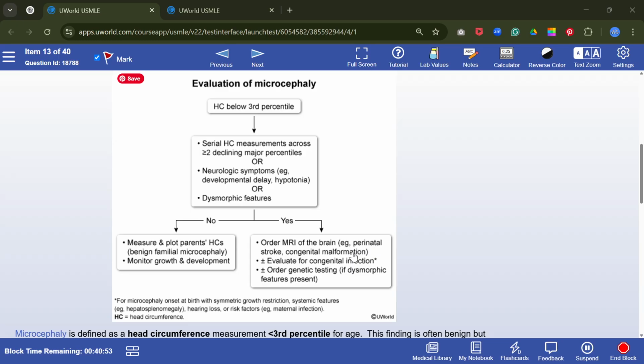To look for perinatal stroke and congenital malformation, with or without evaluation for congenital infection like cytomegalovirus, and with or without genetic testing if dysmorphic features are present. If there are dysmorphic features, then we need to do genetic testing. So: MRI, evaluation of CMV congenital infection, and genetic testing.